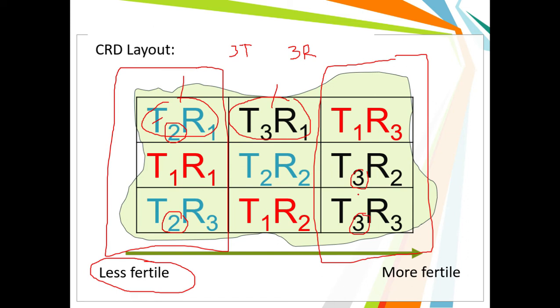So, sa pagkaka-assign pa lang ng plots, meron ng bias. Because less fertile ang karamihan sa T2 at more fertile ang karamihan sa T3. So, yung pagkaka-assign pa lang ng mga plots meron ng bias and hindi siya dapat. Hindi siya pwedeng gawin. So, ibig sabihin, hindi appropriate yung CRD na layout because nagkaroon ng bias sa pagkaka-assign ng mga treatments dun sa ating lot or mga plots.